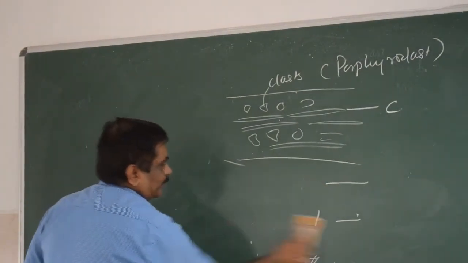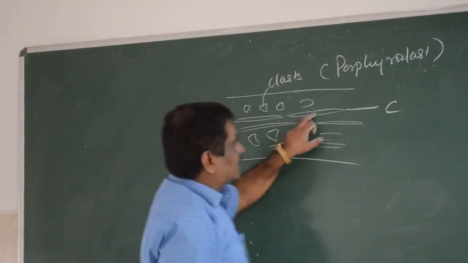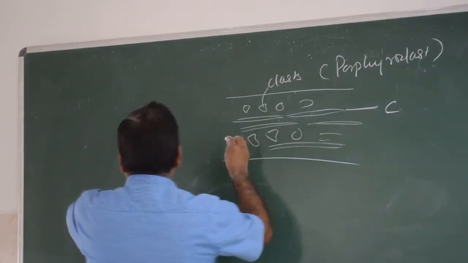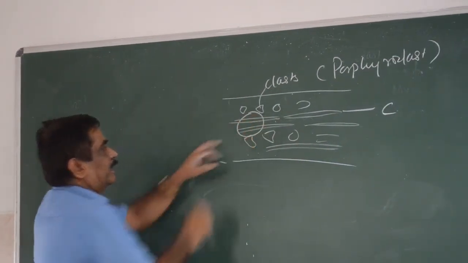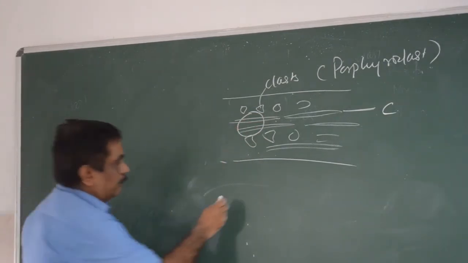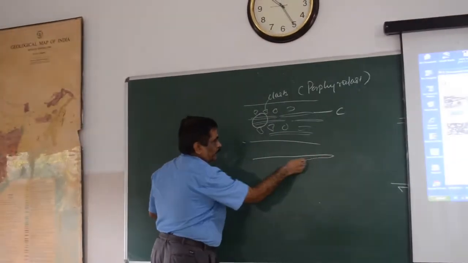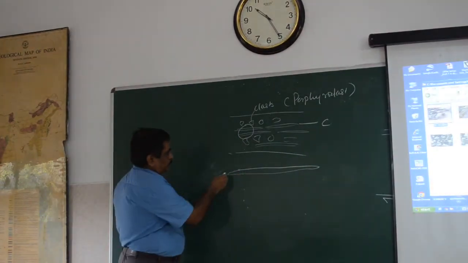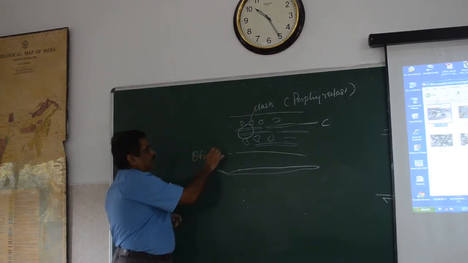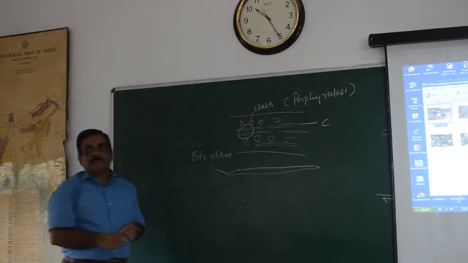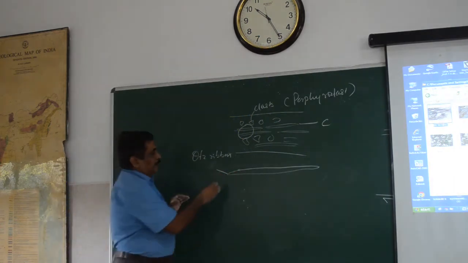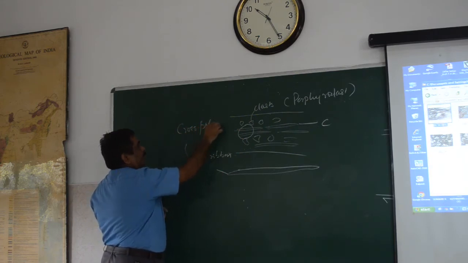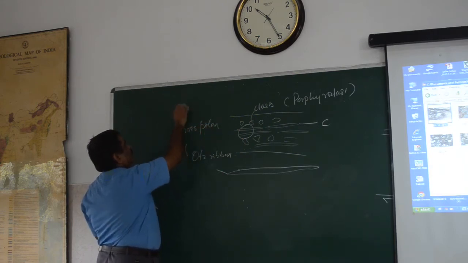So now coming to this mylonite. If you see these ribbons, suppose you take a thin section of this ribbon. The ribbons will be like this, very long ribbons. And inside this is a quartz ribbon. If you see it under the microscope, you know what is cross polar and plane polar.